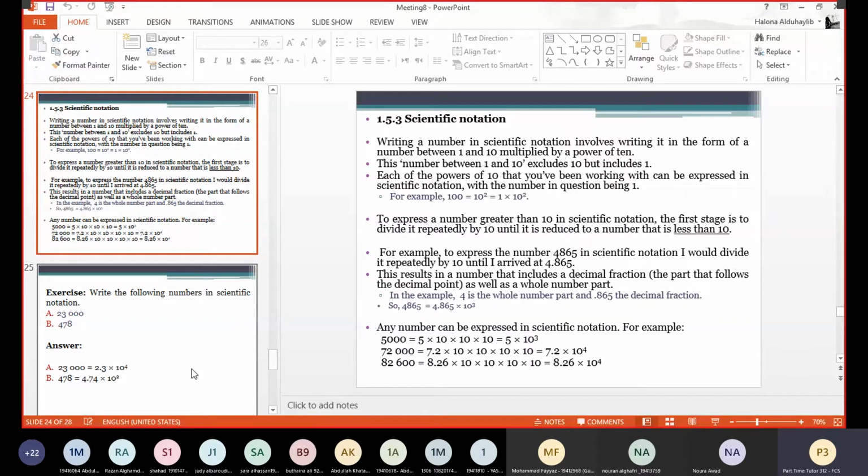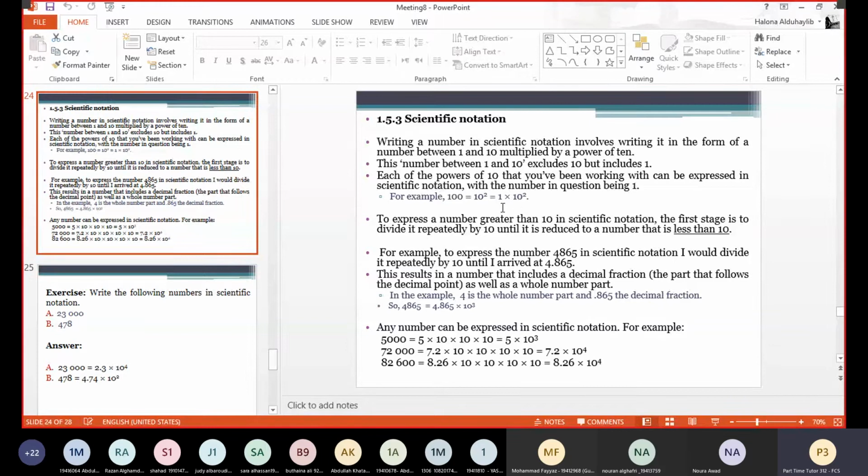Each of the powers of 10 that you've been working with can be expressed in scientific notation with the number in question being 1. For example, if you have 100, you can represent it with 10 power 2, which is equal to 1 multiplied by 10 power 2.